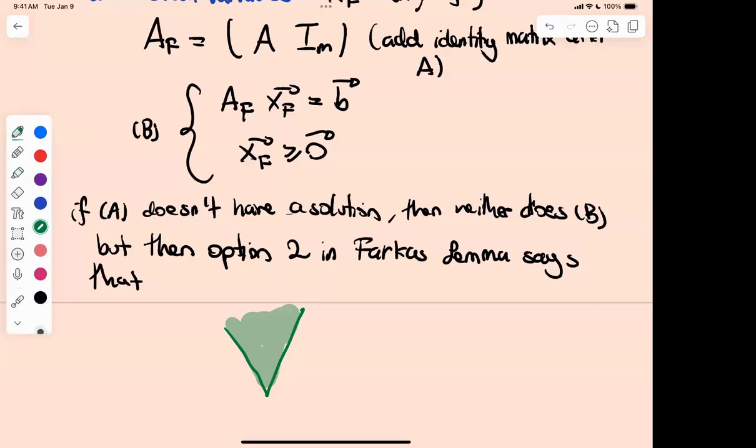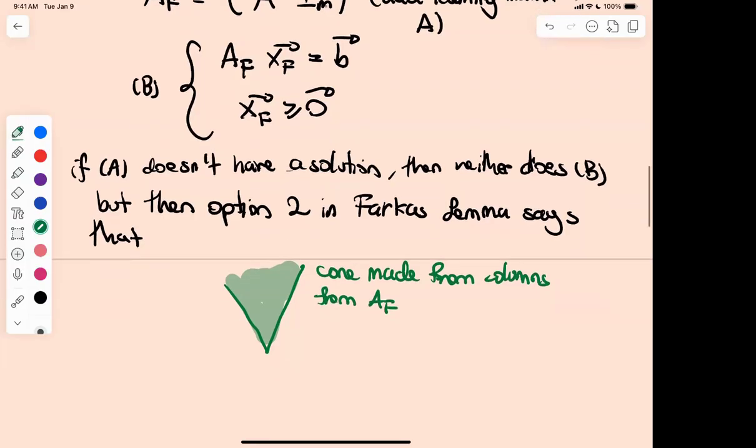So this is the cone made from the columns of the matrix A f. And here you have the vector y, and then here you have the vector b.